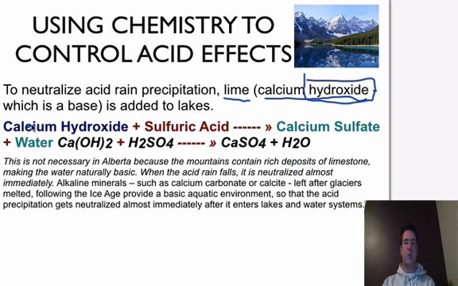So the word equation is calcium hydroxide plus sulfuric acid reacts to produce calcium sulfate and water. And so they add this lime to lakes, because by adding this calcium hydroxide, they're going to bond and neutralize and form water and calcium sulfate, and it's going to neutralize the acidity of the lake.